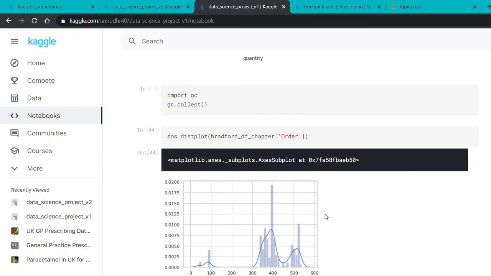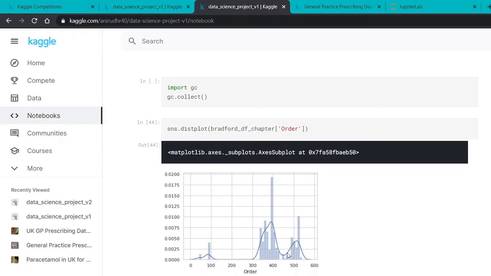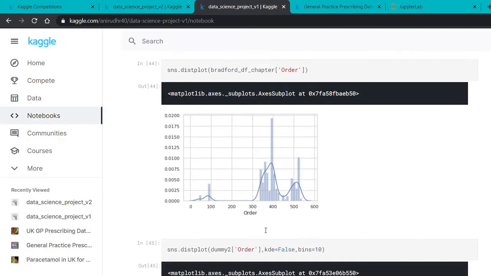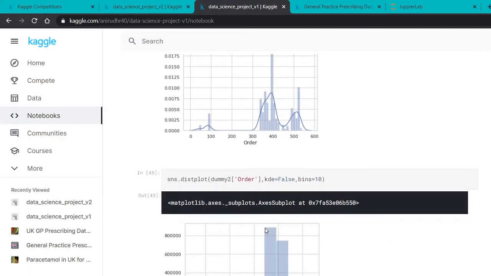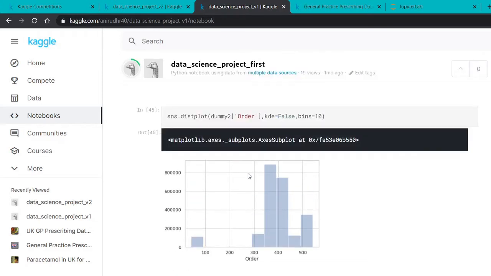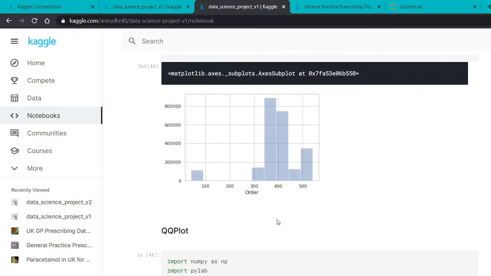This is how it looks over a few periods of time in the data. This was particularly for Bradford district's hospitals. This is for all the hospitals present in Britain. This is a very small sample, so we just took 10 bins.